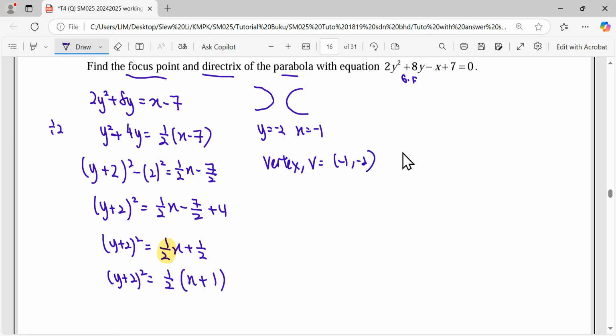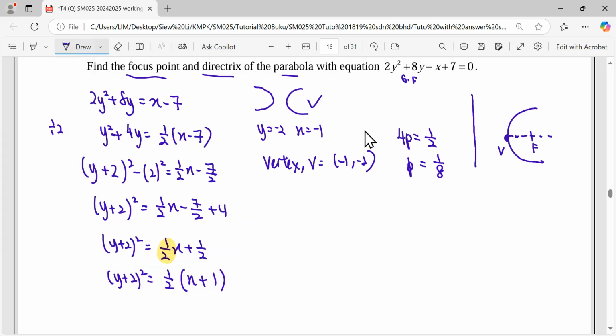And from the equation, 4p here gives you 1 over 2. So you can get the distance p value is 1 over 8. Positive means open to the right. So with the parabola open to the right, here is your vertex, your directrix will be on the opposite side and your focal point will be at the right hand side.